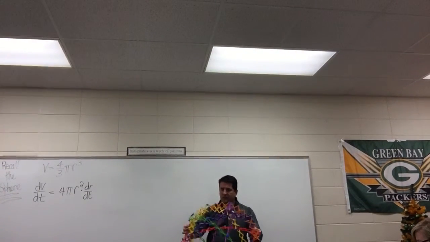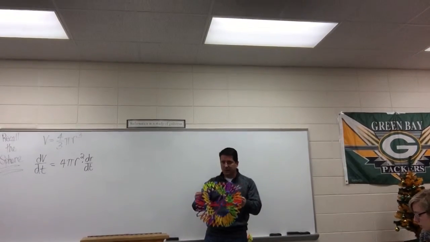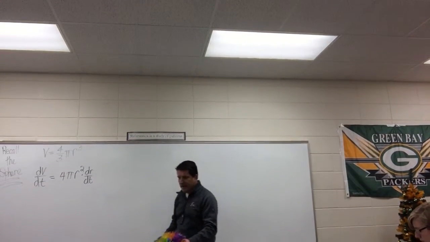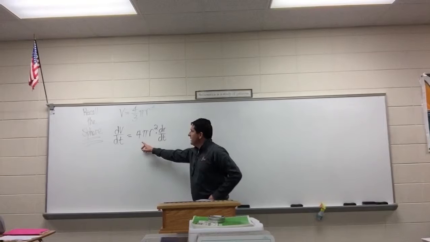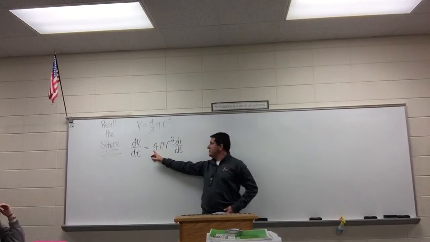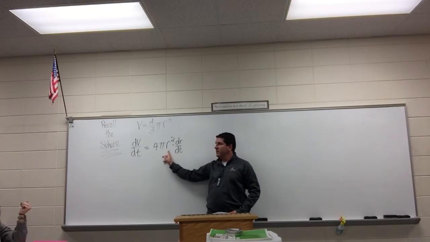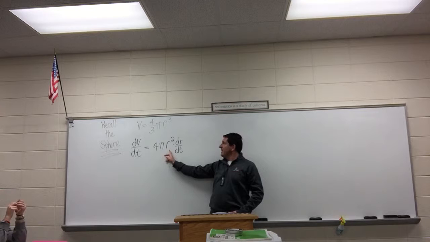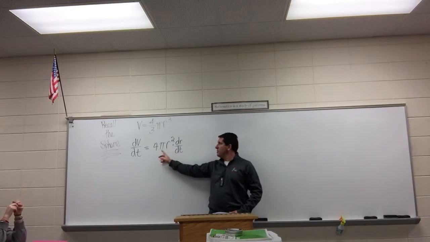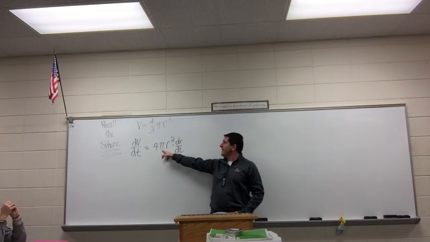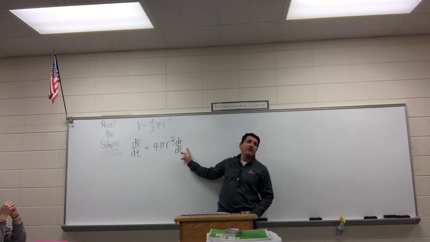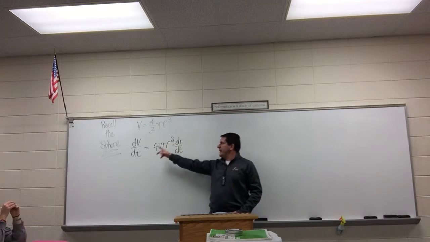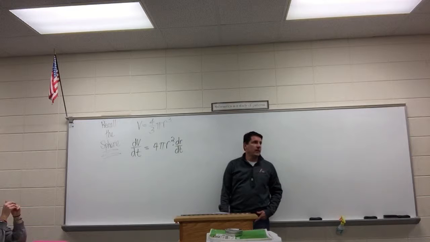And the reason why is that the rate that the volume is changing is dependent on the radius of the sphere at the time. In fact, you square the value of the radius, multiply it by 4, and then multiply it by pi, and then multiply it by how fast the radius is changing, and that tells you how fast the volume is changing by.